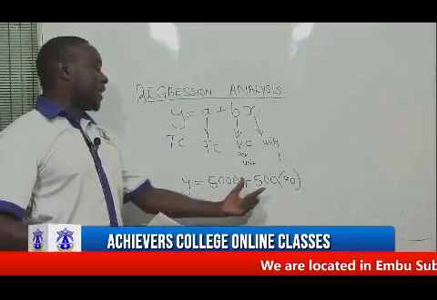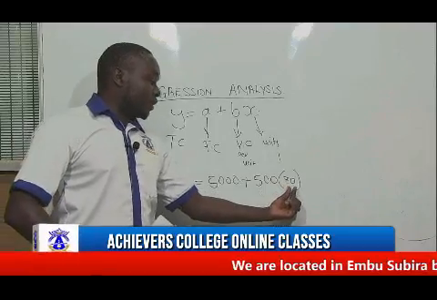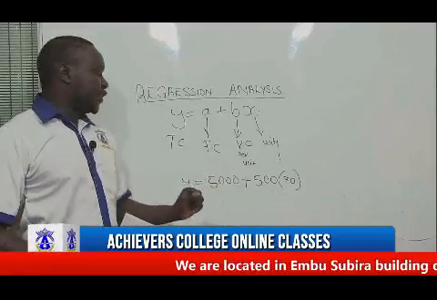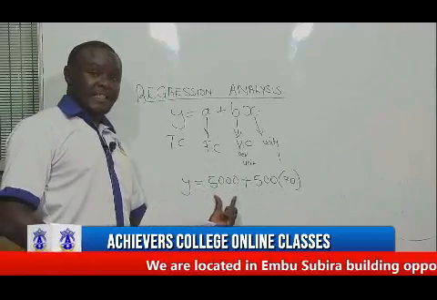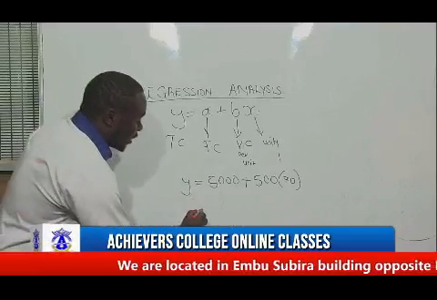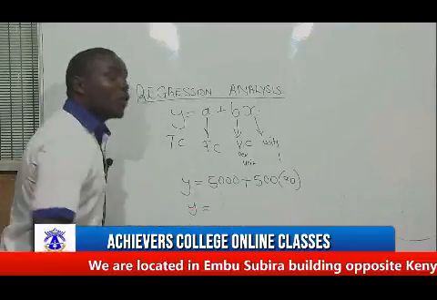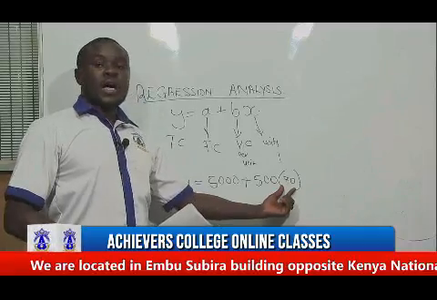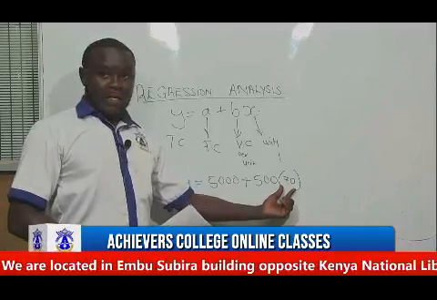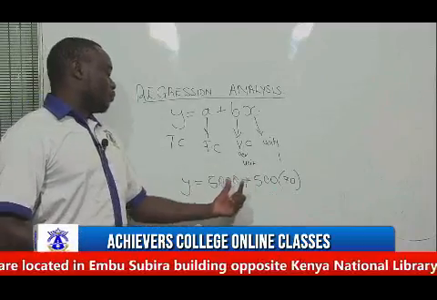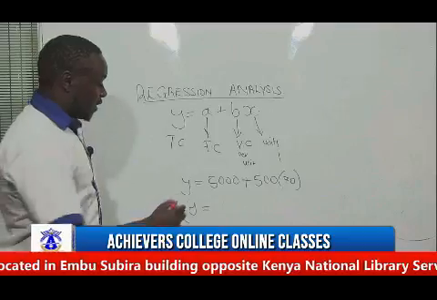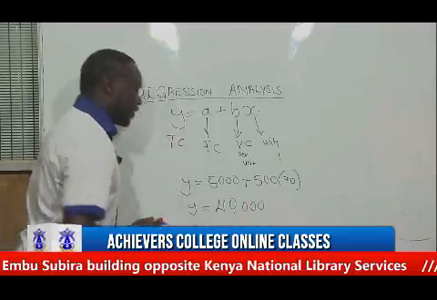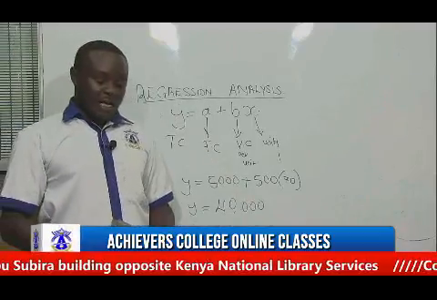If you multiply the 500 by 70, you get the total variable cost, 35,000. When you add 5,000, you get 40,000 as your total cost.